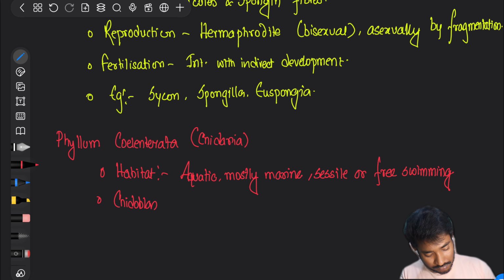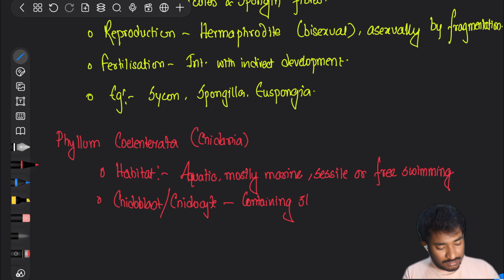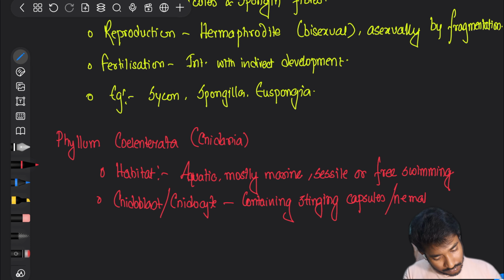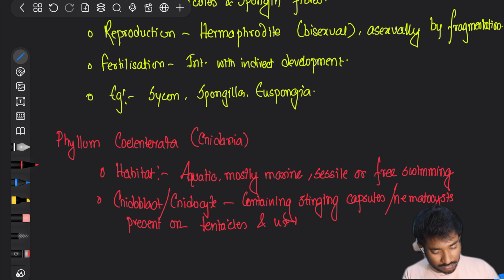Cnidoblasts or cnidocytes contain stinging capsules, nematocysts, present on tentacles and used for anchorage, defense and prey capturing.